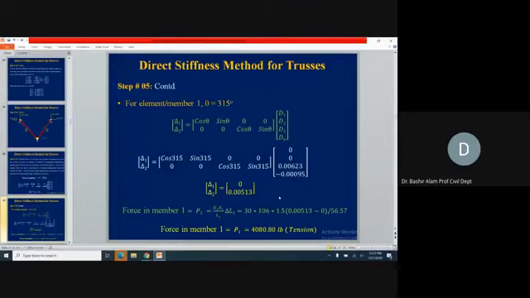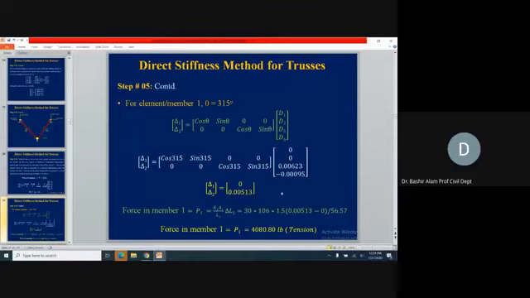So our delta L will become equal to delta 2 minus delta 1. This is the basic equation. How do we find P1, the force in member 1? It will be E1 A1 divided by L1 times delta L1. E for member 1 was 30 into 10 to the power 6. Cross-sectional area was 1.5 square inches.